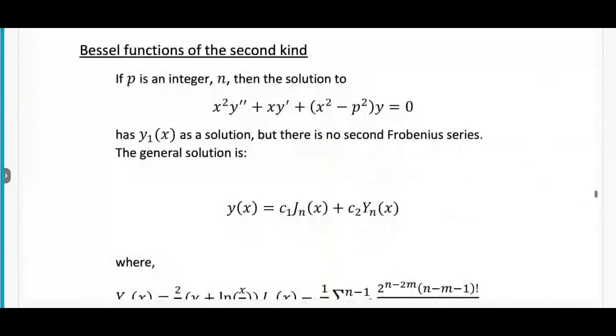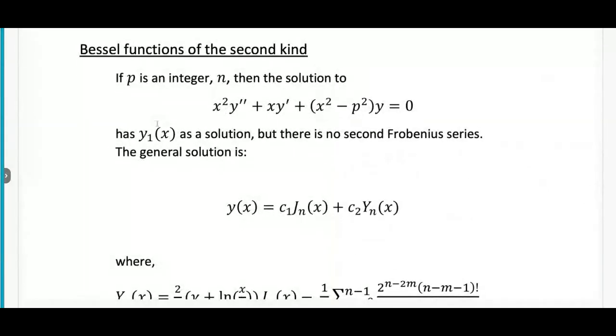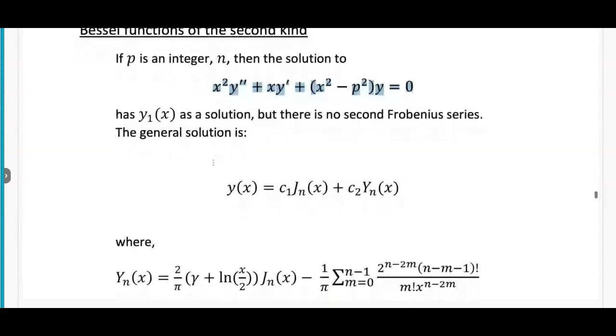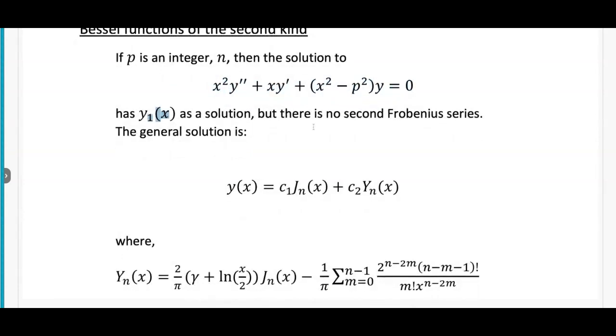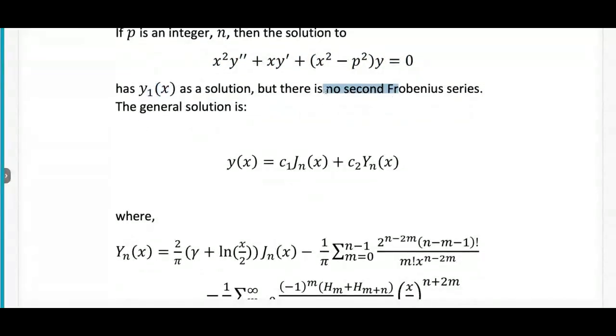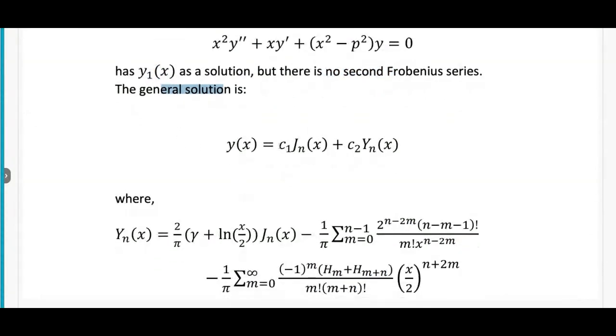Second kind. If p is an integer n, then the solution to this Bessel equation has y1 as a solution. There is no second Frobenius series, so the general solution will be some constant times the nth order Bessel function of the first kind, plus some constant times this yn of x.